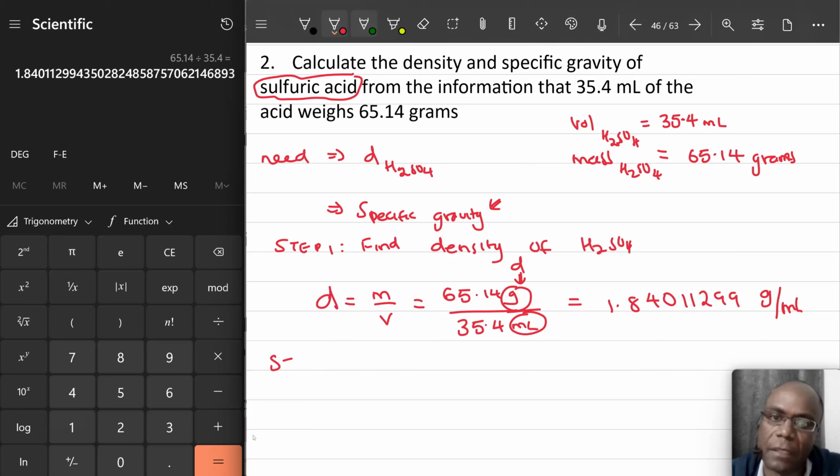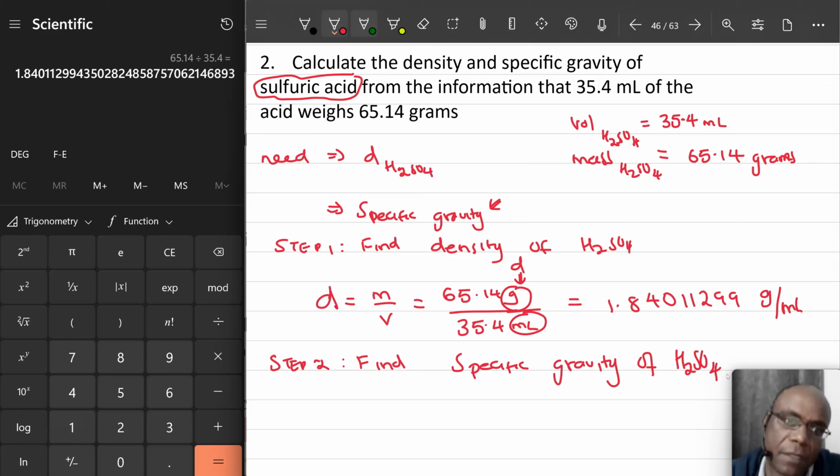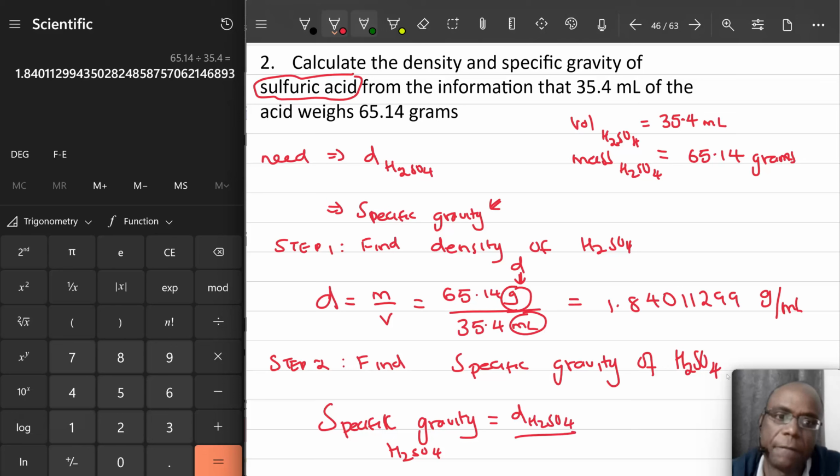Now step 2: we can now find the specific gravity of the sulfuric acid, the substance. So the specific gravity of sulfuric acid is just going to be equal to the density of sulfuric acid divided by the density of water, and that is 1.840112299 grams per ml.